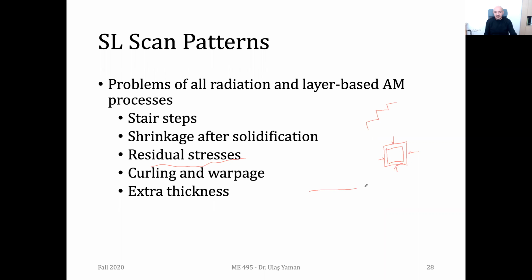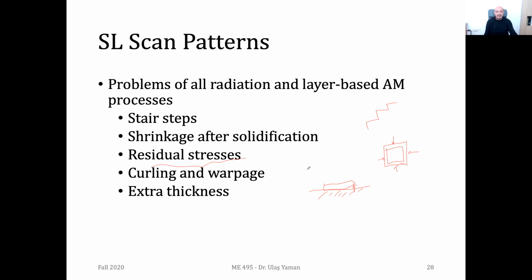Assume this is the plate, and if you do not arrange the parameters properly, then the tip of your part may have such a distortion, and this is called warpage. Sometimes you can also call it curling when it is too much, and they are all affected by the scanning patterns or power and speed values.